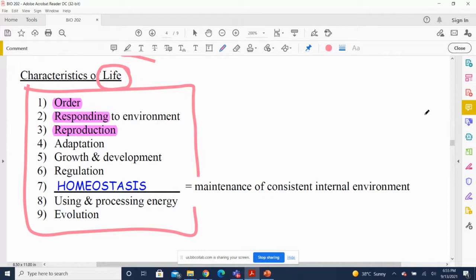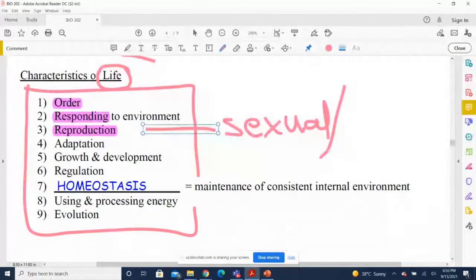In sexual reproduction, we have a male and female counterpart, and the genetic material from both gets mixed, so we get a unique new individual. We can also have asexual reproduction.